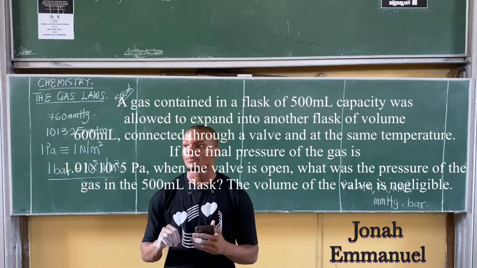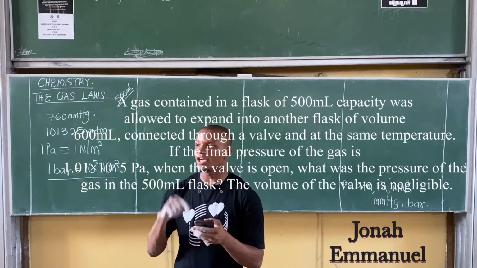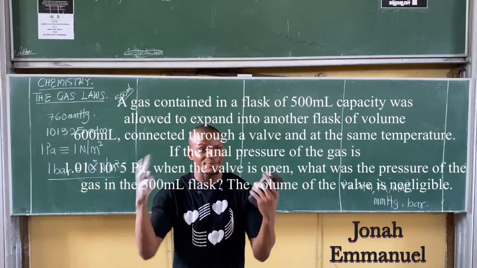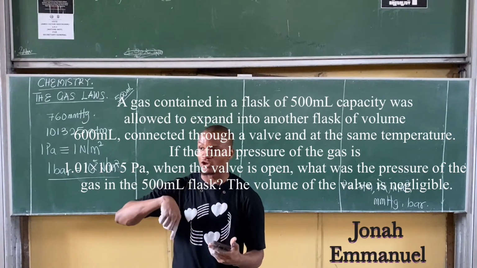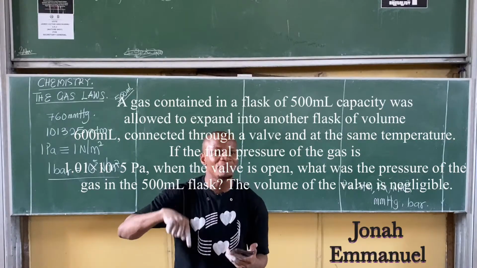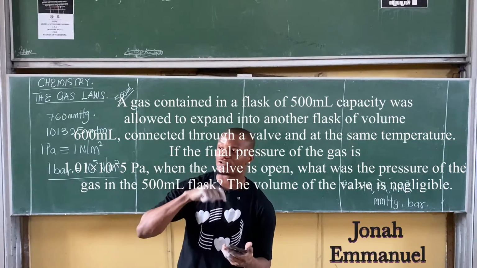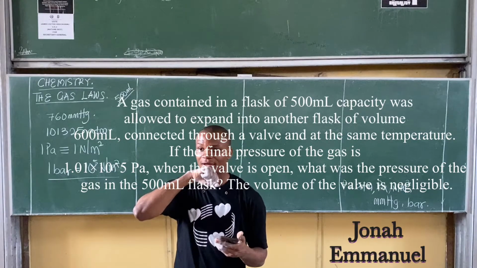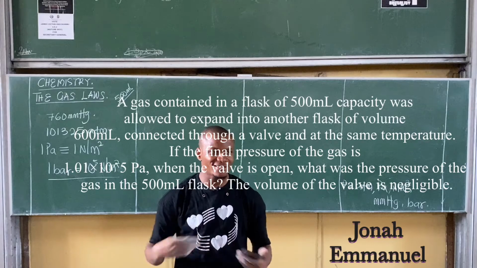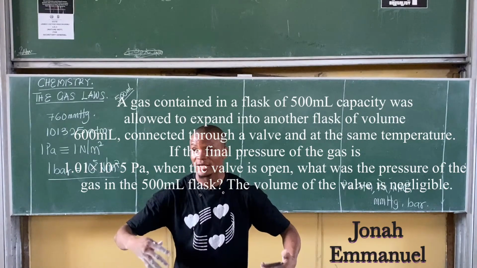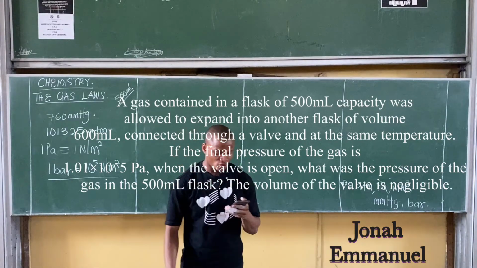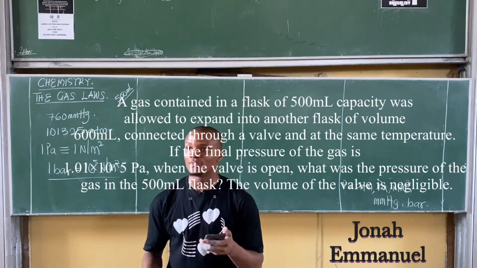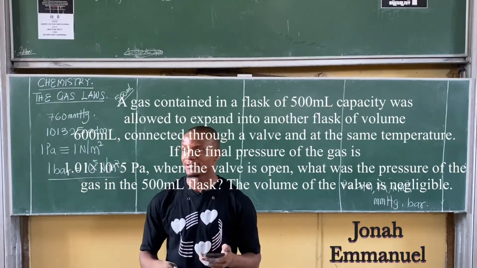Now hang on. They gave me a volume first of 500 milliliter, and they say it's expanding into a certain volume. Should it be bigger than 500 or smaller than 500? Bigger. Why? Very simple. It's expanding. So it was allowed to expand into another flask of volume 600 milliliters.